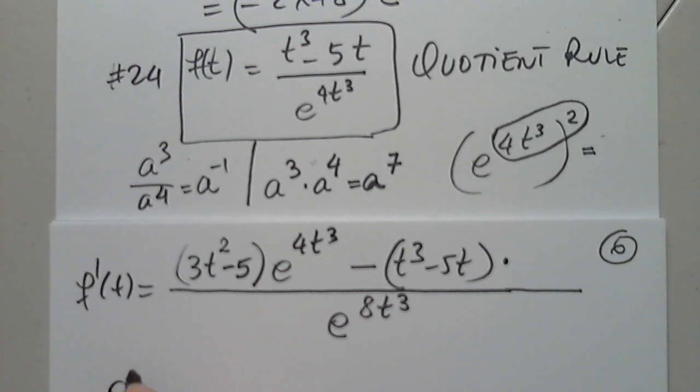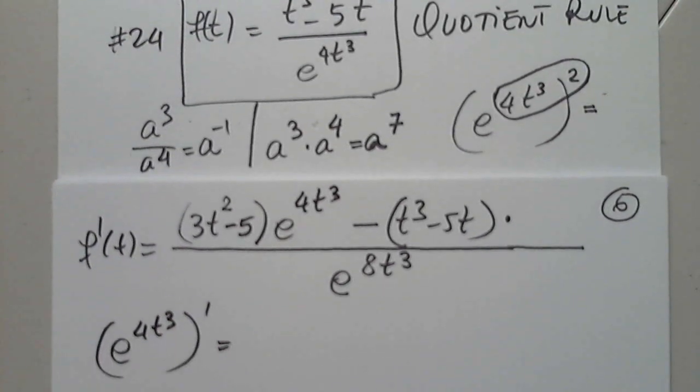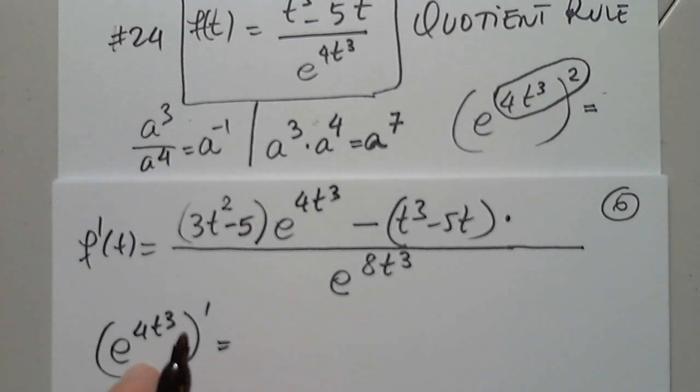Can anyone differentiate e to 4t cubed for us? What do we write? E to 4t cubed. Can anyone differentiate this for us? And let me show the formula again.